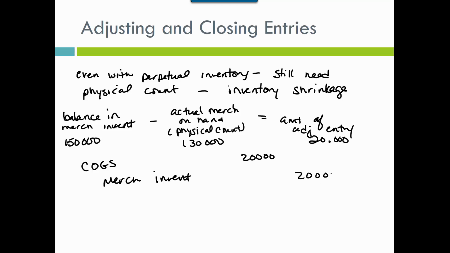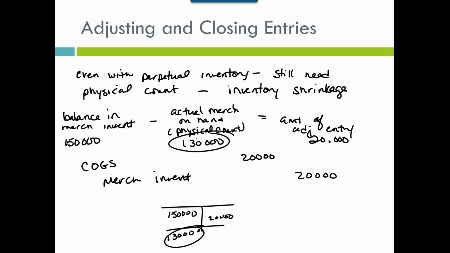And I reduce merchandise inventory by that. If I started with 150,000 and then I just credited 20,000, I'm left with 130,000, which now matches my physical count. And so I've brought that asset down to reflect what I truly have.